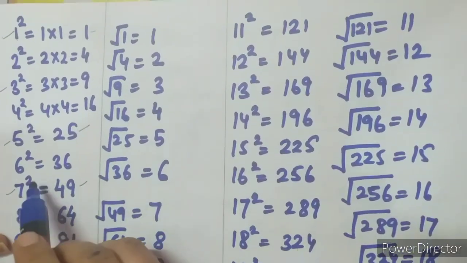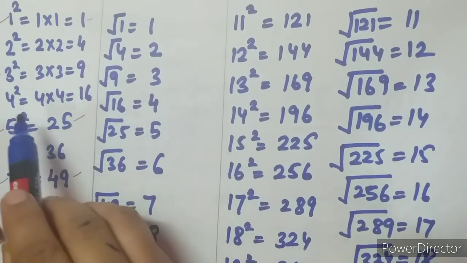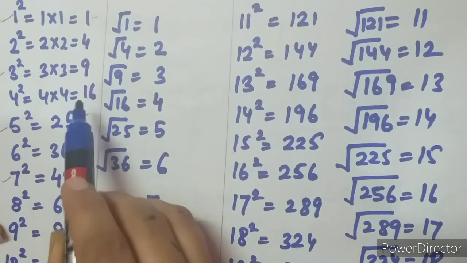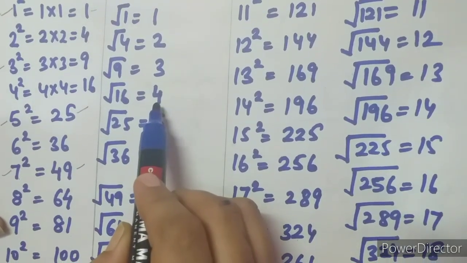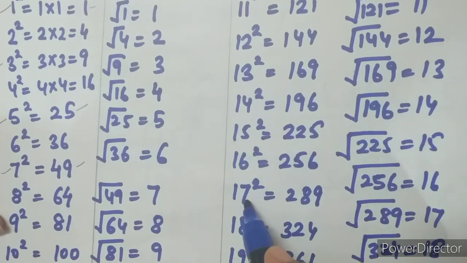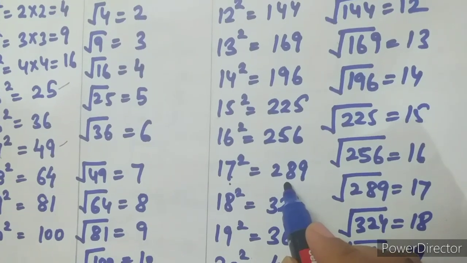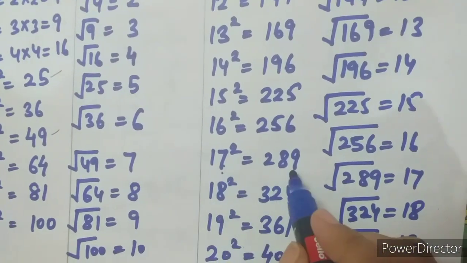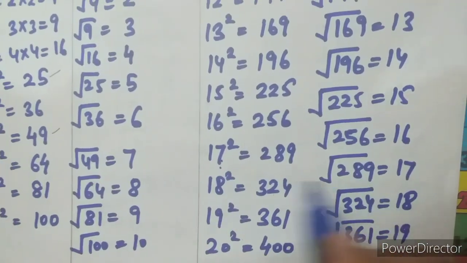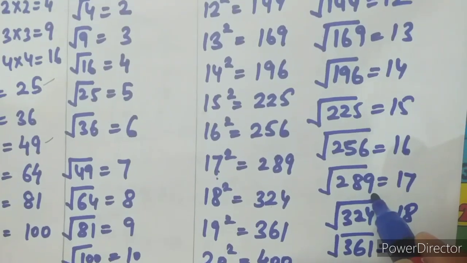I will take one example for you. I have written here 4 square is 16. If 4 square is 16, then square root of 16 will be equal to 4. And just see, if 17 square is 289, then square root of 289 will be 17. Numbers remain the same, only the symbols will change. Square of a smaller number and square root of a bigger number.